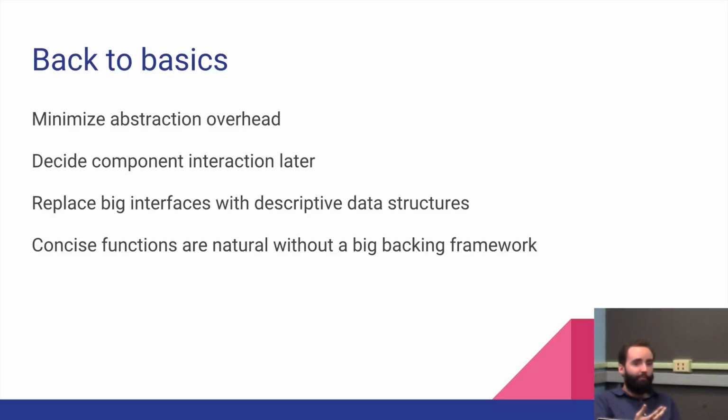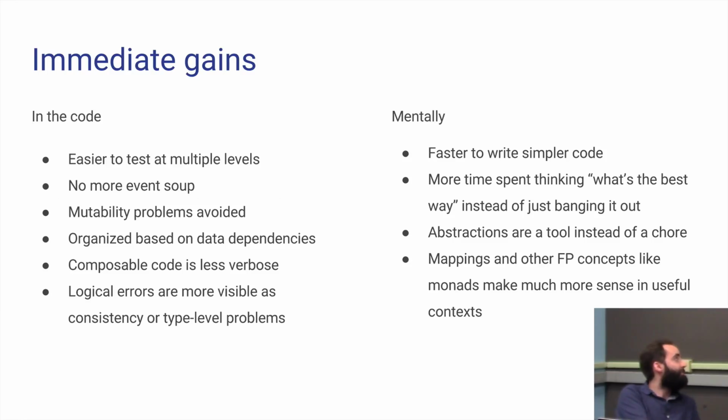And then concise functions are just natural when you don't have this backing framework that you're hooking into, which is sort of where I was headed in C++, trying to make this general framework. Instead of that, I'm just building my application and letting that be the framework. That's my idea. But the immediate gain, at least from my FRP screw up, was simple code.